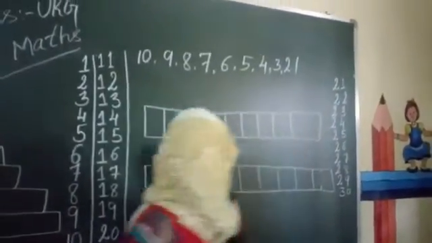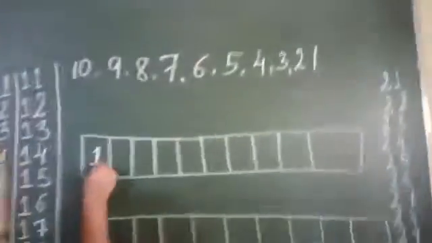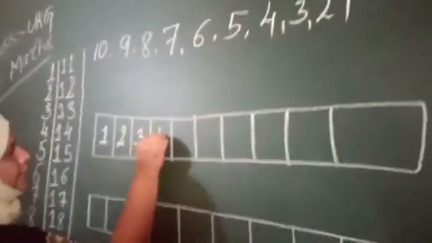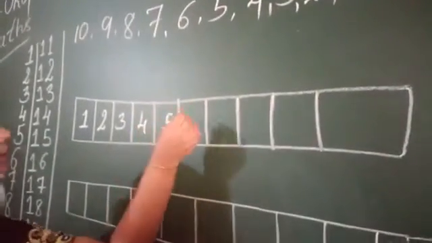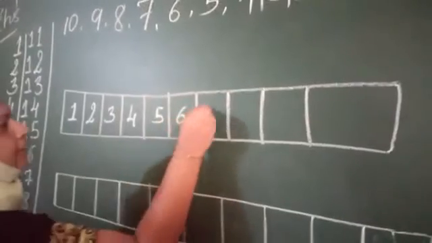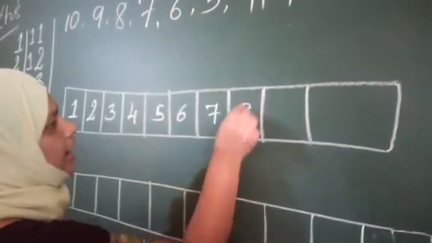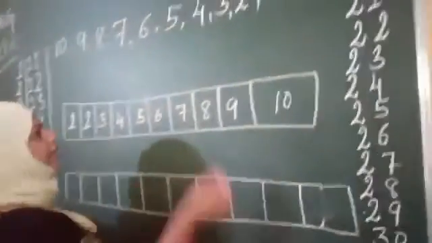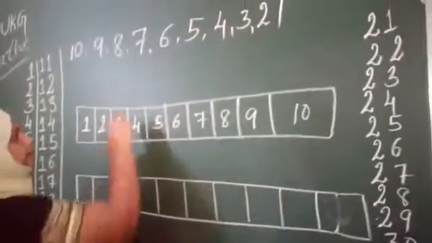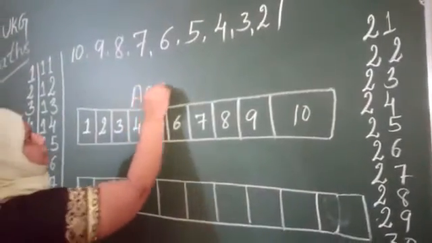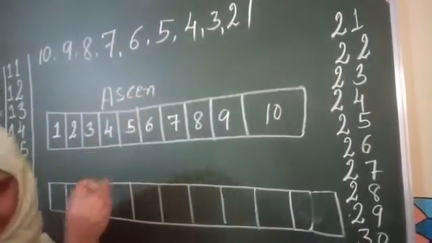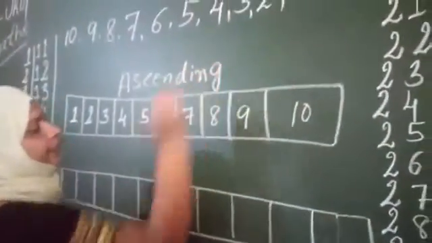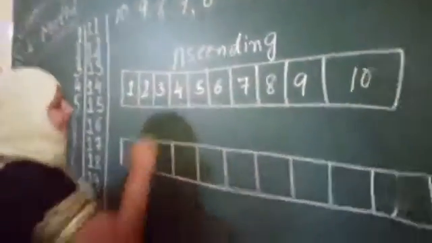Here I go, 1, 2, 3, 4, 5, 6, 7, 8, 9, 10. Then this is the ascending. What is the descending?